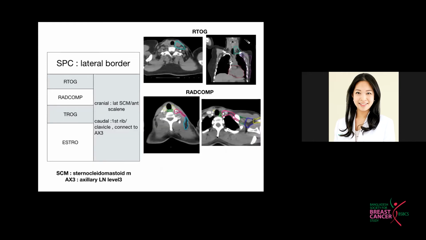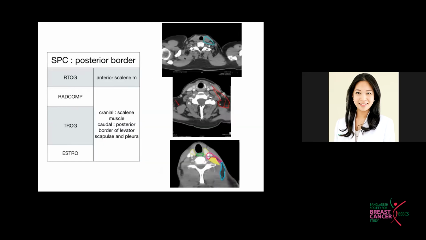For the lateral border, mostly the same. For the cranial volume, they use the lateral sternocleidomastoid muscles, and the caudal one usually connects to axilla level 3. But for the posterior border, for ESTRO, it's a bit short, so it's at the anterior scalene muscle. For the others, the lateral border is the levator scapulae and pleura.